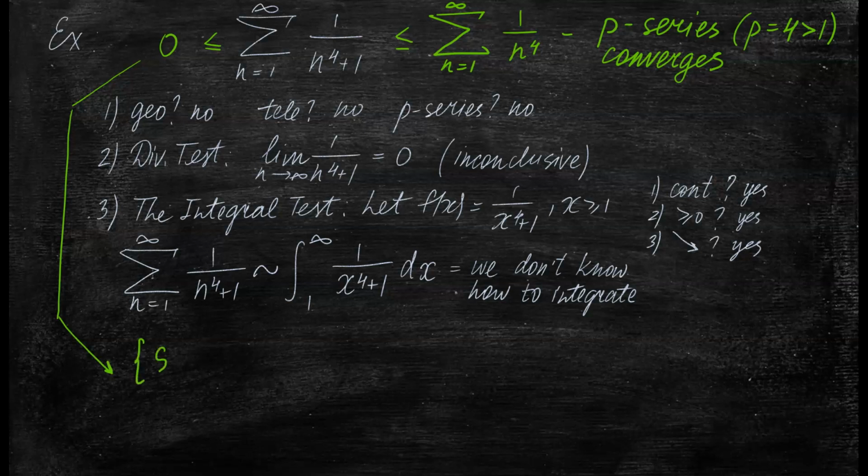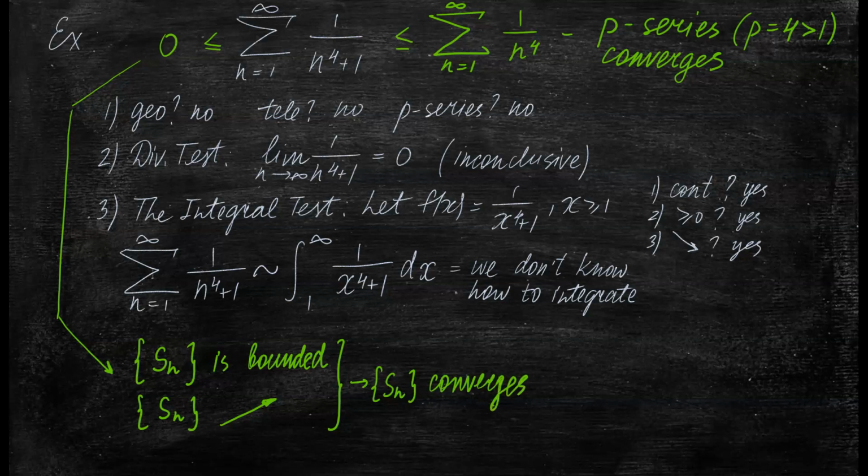So if you consider the series of partial sums, it is clearly bounded. Why? Well, because it is less than the limit of this p-series by which the original series is bounded. And since all the elements of this series are positive, that means this sequence of partial sums is increasing. Well, what does that mean? Well, by the theorem, we can conclude that the sequence of partial sums converges.